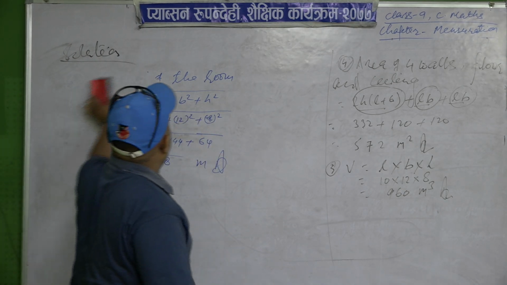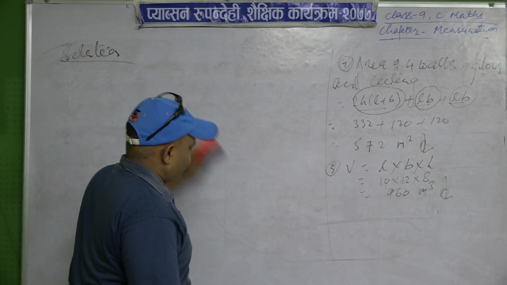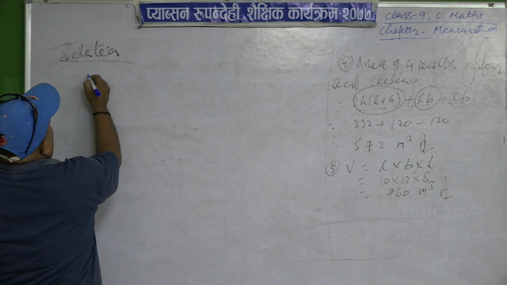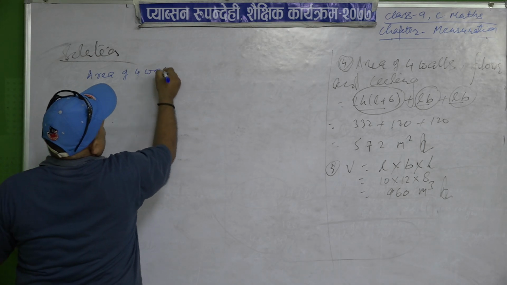Okay, now suppose we have already got different areas. We have the area of 4 walls.